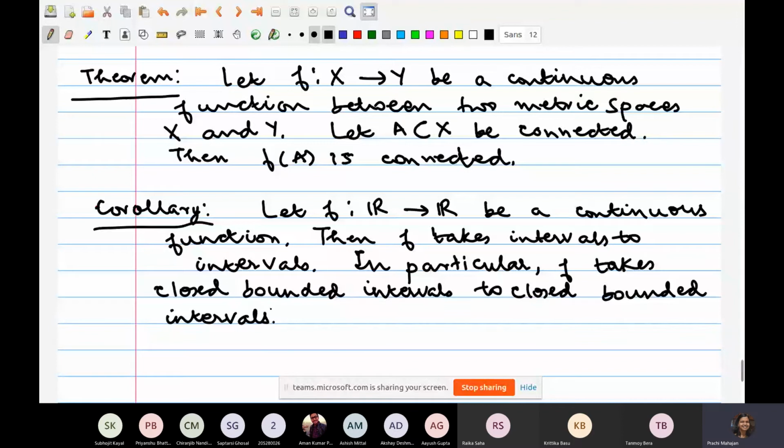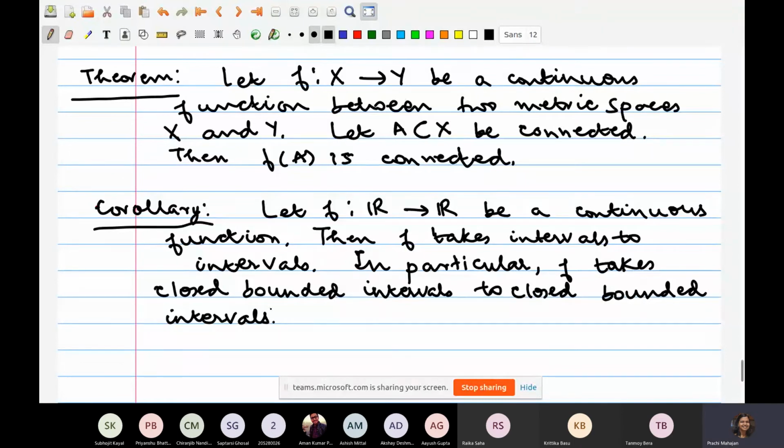Is that okay? So f takes intervals to intervals. That's because the continuous image of a connected set is connected. Now, if I look at a closed and bounded interval, which means that this is a compact set, then its image will be a closed and bounded compact set in R. Now, it will be an interval because we started with an interval.